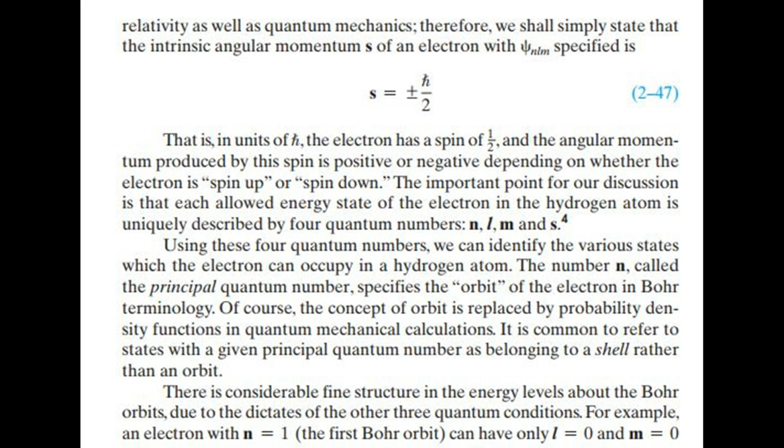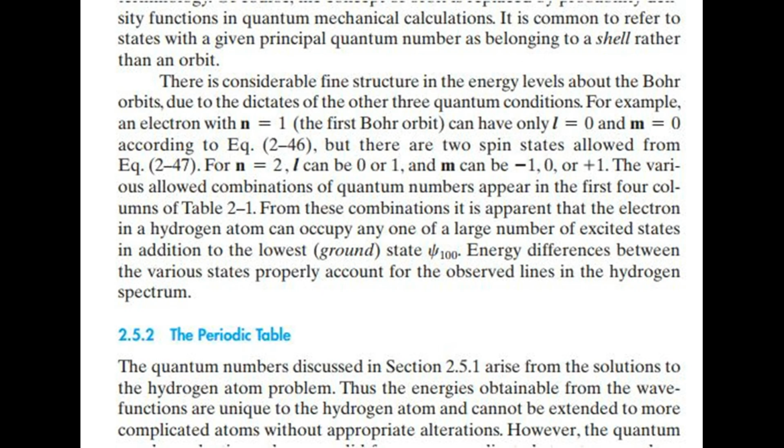For example, an electron with n equal 1, the first Bohr orbit, can have only l equal 0 and m equal 0 according to EQ 246, but there are two spin states allowed from EQ 247. For n equal 2, l can be 0 or 1, and m can be -1, 0, or +1.